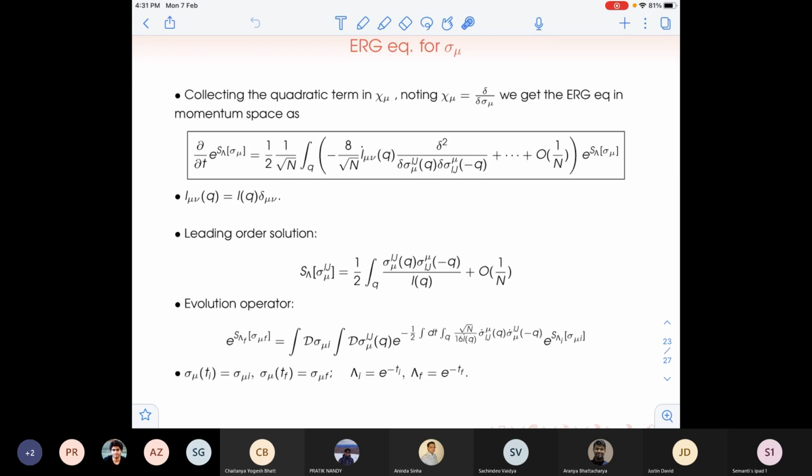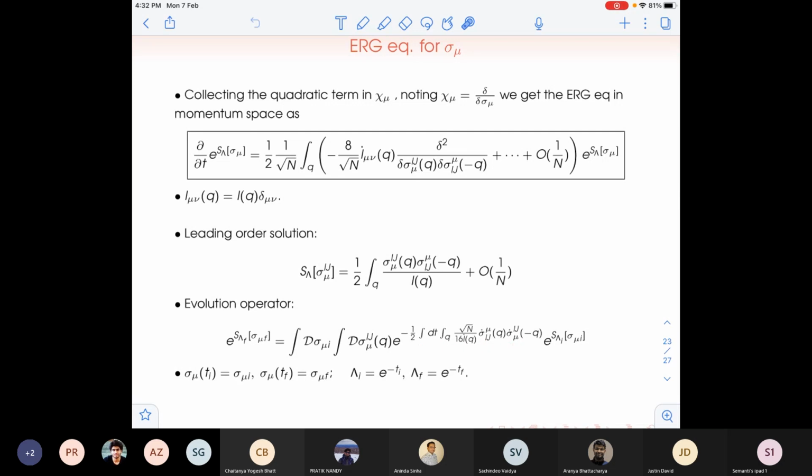So this is our ERG equation. Again, like before, we find the evolution operator of this equation. This evolution operator is given by this, and this is our Euclidean action or radial Hamiltonian.